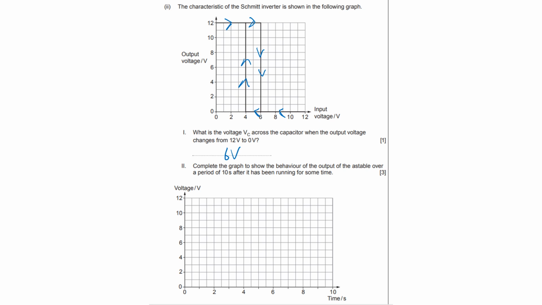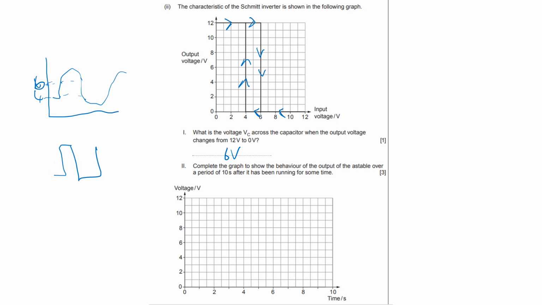The increasing switching threshold would be 6 volts. Sometimes they might give you some sort of weird wave like that, and then you would have to go across at 4 and 6, and then go up, down, and so on when it goes past these trigger points. So sometimes it will ask you to do that.